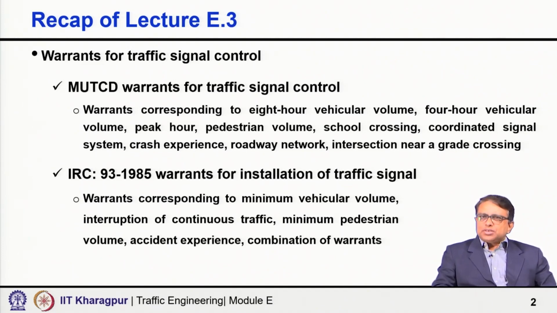Then 1 related to pedestrian volume and another related to the number of accidents or crashes on record, and then the last one is combination of warrants. The warrants are not getting satisfied 100%, but multiple warrants are getting satisfied to a large extent. So, IRC 93 actually includes mostly the same aspects as mentioned in MUTCT, but MUTCT has additional considerations in the form of warrants.